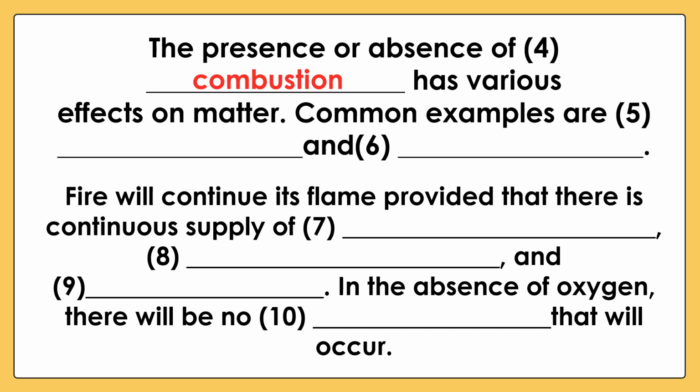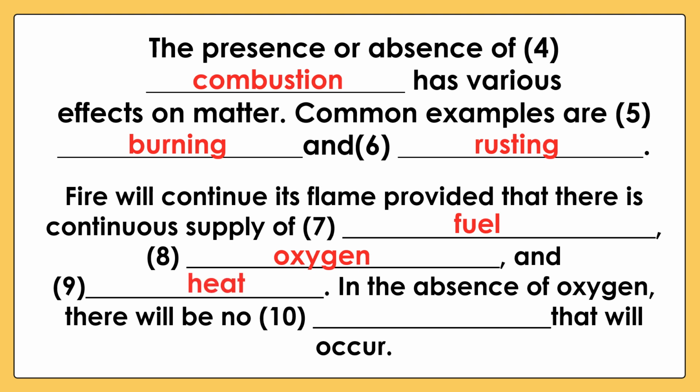Common examples are burning and rusting. Fire will continue its flame provided that there is continuous supply of fuel, oxygen, and heat.